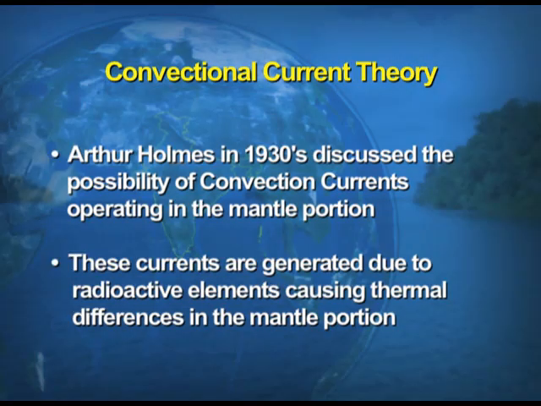He said that these currents are generated due to radioactive elements causing thermal differences in the mantle portion. Holmes argued that there exists a system of such currents in the entire mantle of the earth.